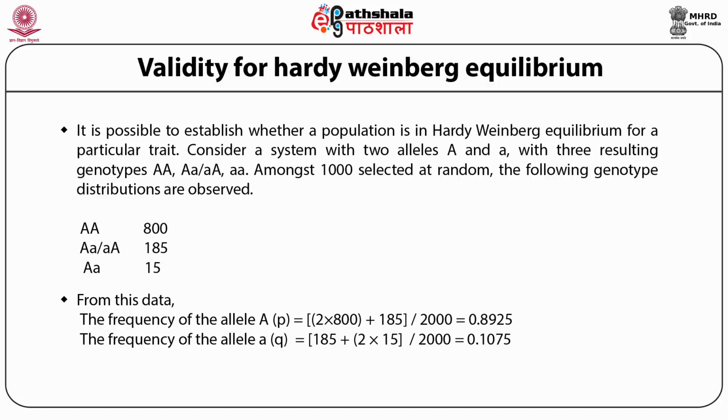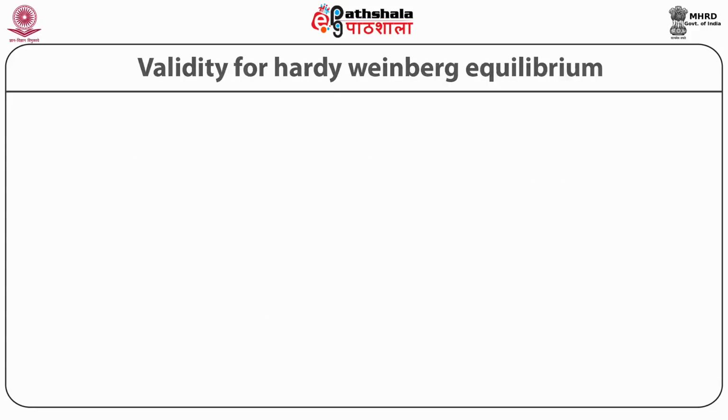The frequency which comes using this formula is 0.8925. Likewise, we have also calculated the frequency for the other allele, small a, denoted by the letter q, which comes as 0.1075.